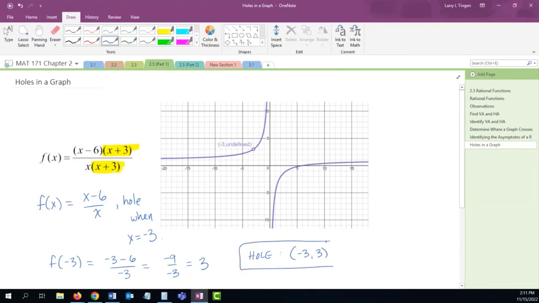Is that where it is? Yep. 5, 4, 3, 1, 2, 3. So there's the hole. The y-coordinate of the hole is found by plugging the x-coordinate of the hole into the reduced form. And this is what I mean when I say reduced form.